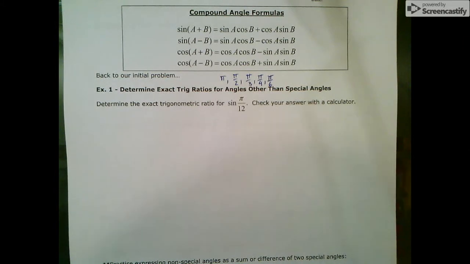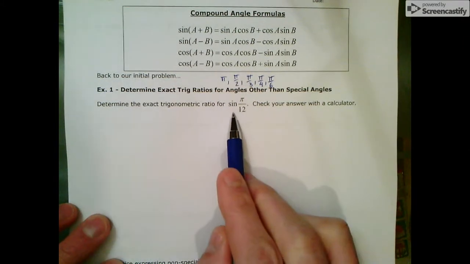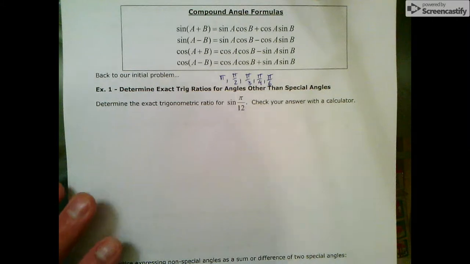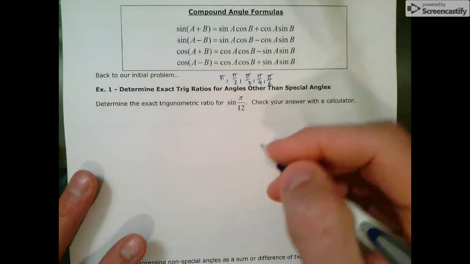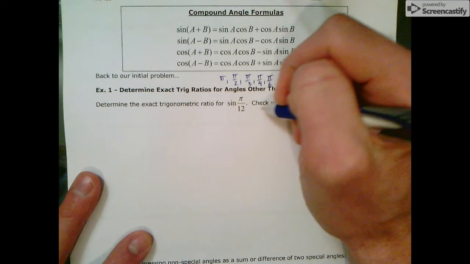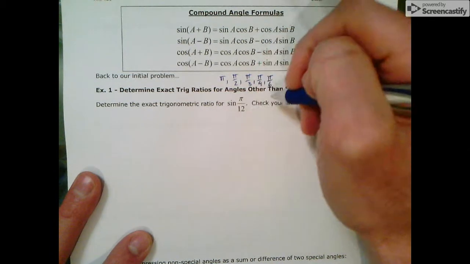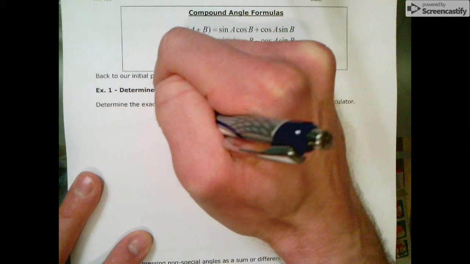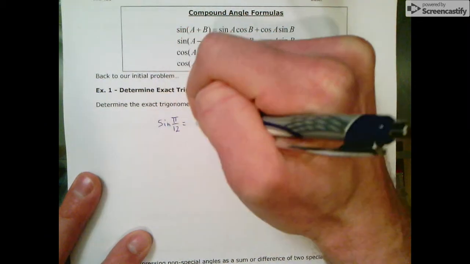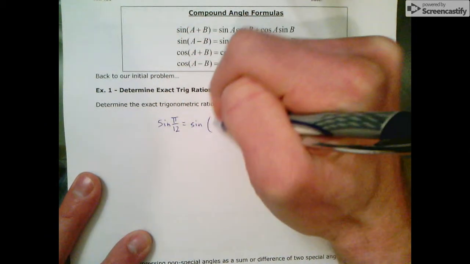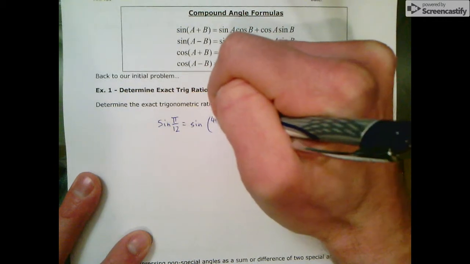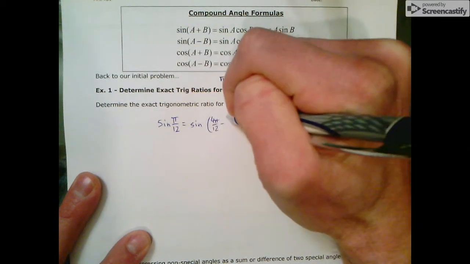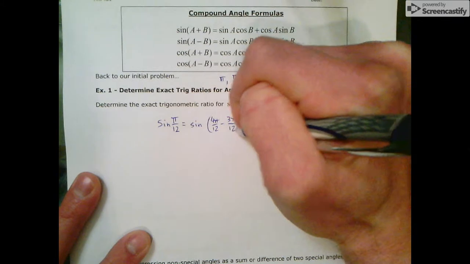So let's try and find the exact trig ratio for sine of pi over 12. Well, first things first, sine of 1 pi over 12 is the same thing as the sine of 4 pi over 12 minus 3 pi over 12.